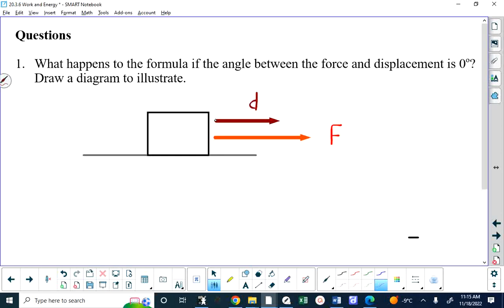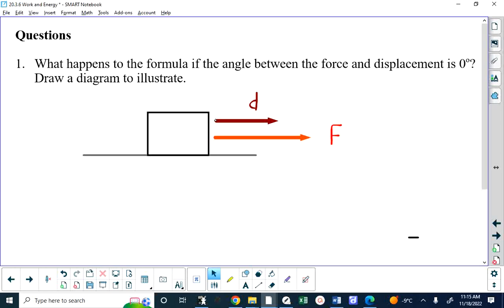This is what it means to say that the angle between them is 0.